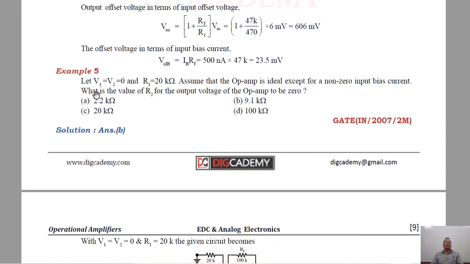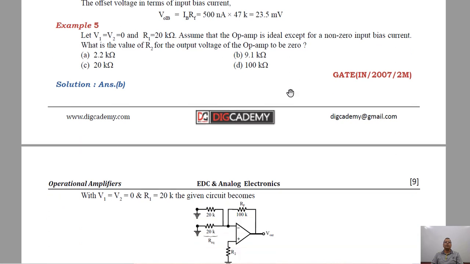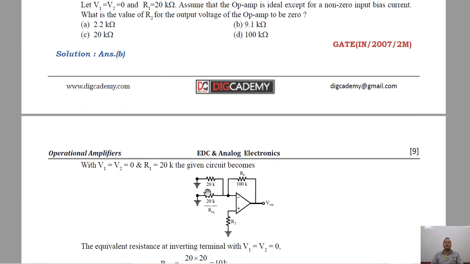Now let V1 is equal to V2 is equal to 0 and R1 is 20 kilo ohm. Assume that op-amp is ideal except for non-zero input bias current. Fine. What is value of R2 for the output voltage of op-amp to be 0? So this is the circuit given to you.